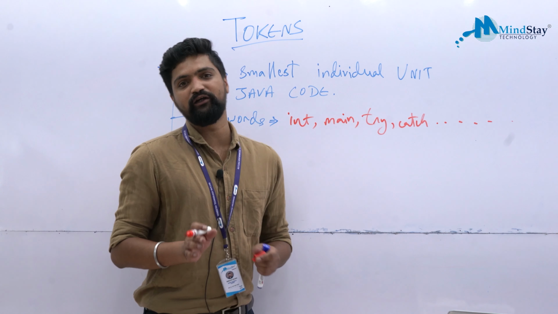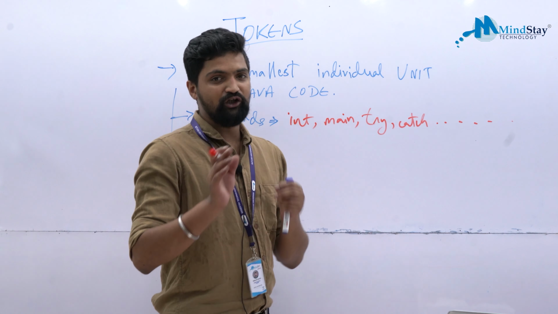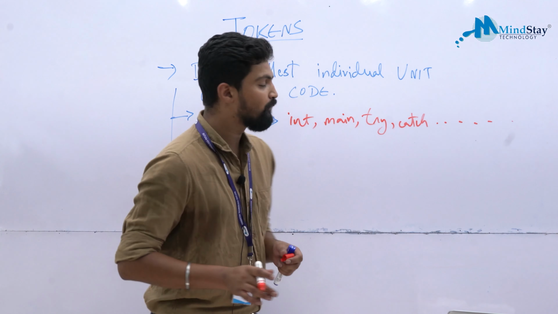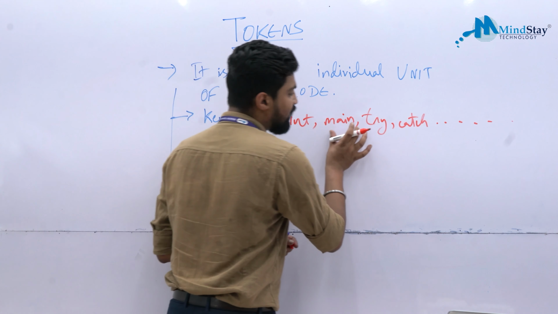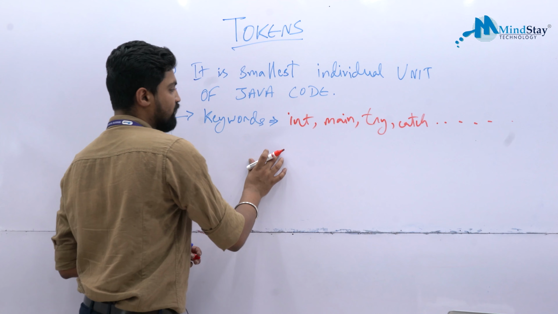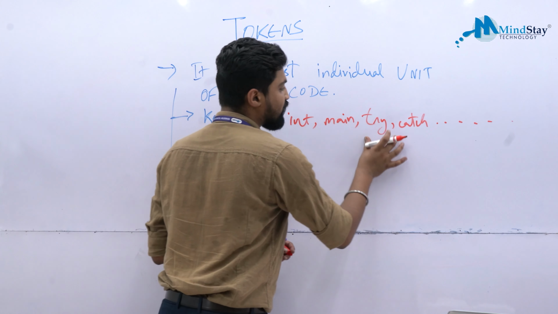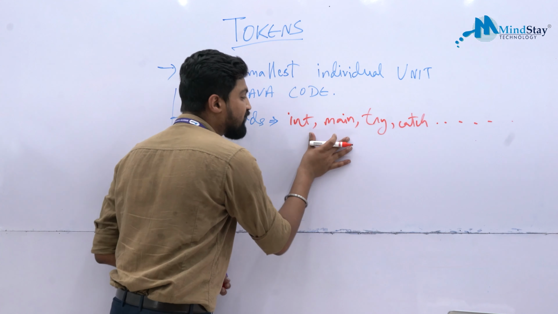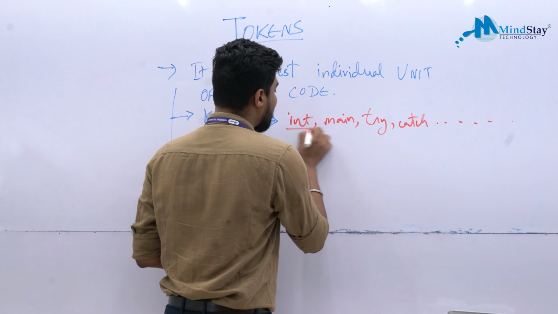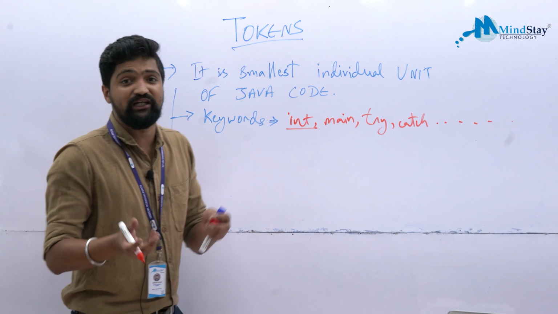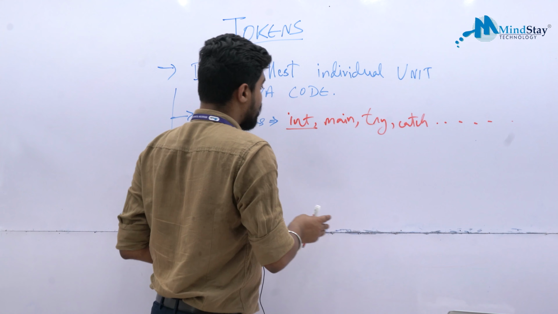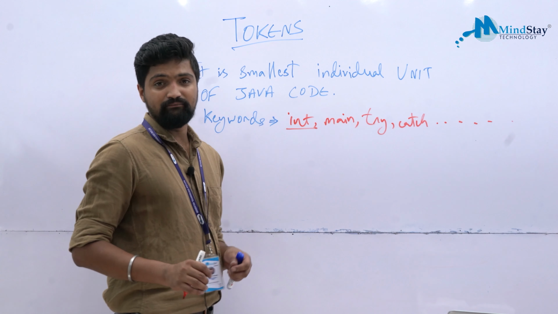So there are many keywords. We will show you what a keyword is in a chart formation. Don't worry, I'll show you. Now these are predefined meaningful words in Java coding which cannot be used apart from its particular meaning. So let us say int is nothing but a data type which can store integer values. So its only work is to do that, right?